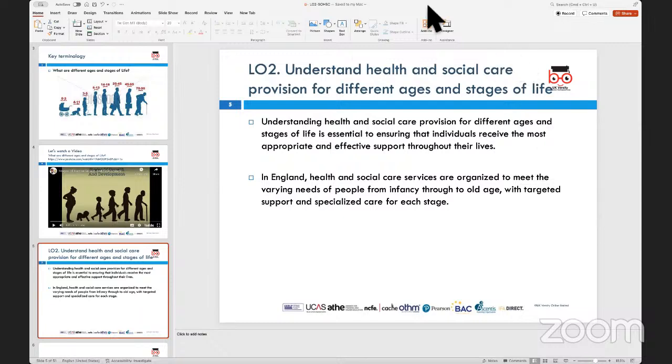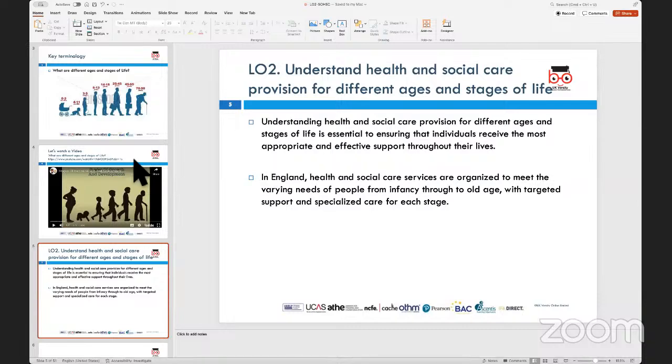What we want to understand is, if I'm growing up and I'm at a certain age, what are the health and social care services which the Department of Health organizes and provides to me as an individual or as a member of the public, so that I can go about my daily routine and the usual functions that I do.